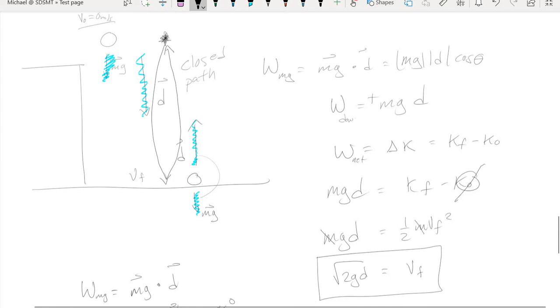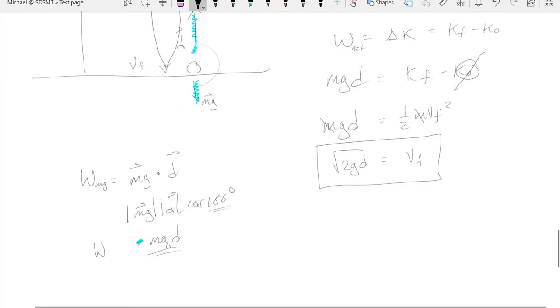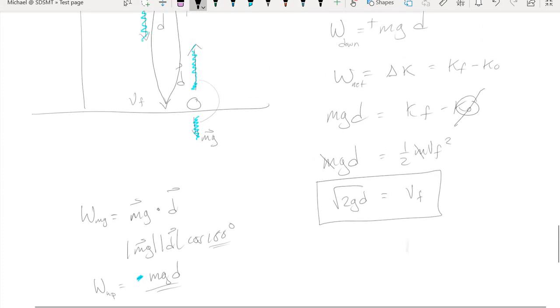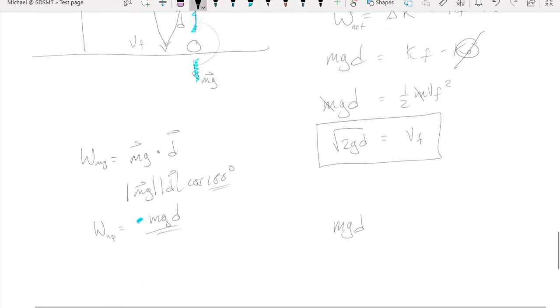Well, this was the amount of work that gravity did as the rock fell down. This was the amount of work that was done by gravity as the rock was brought back up. Combining those two works, this was up, this was down, we're getting a net work of 0.